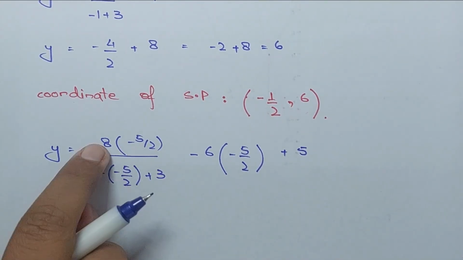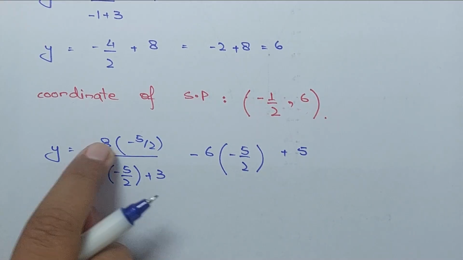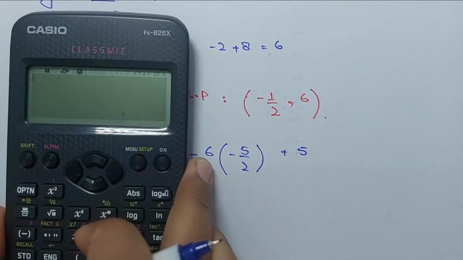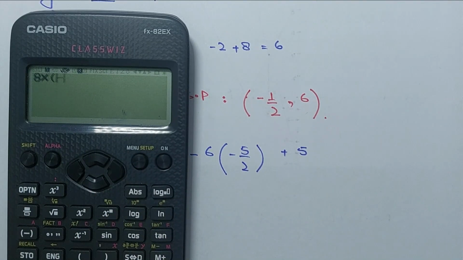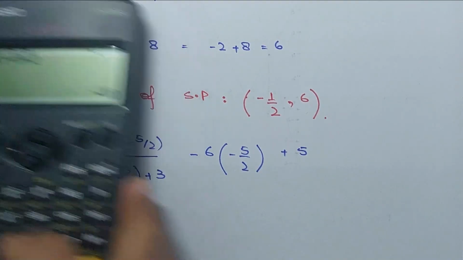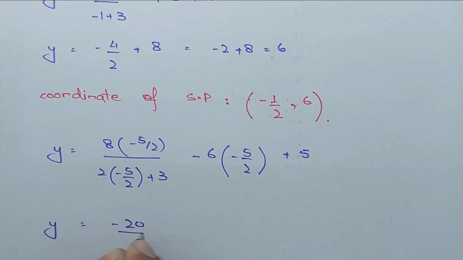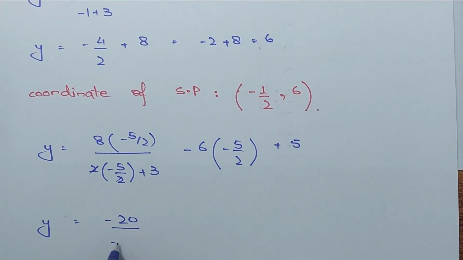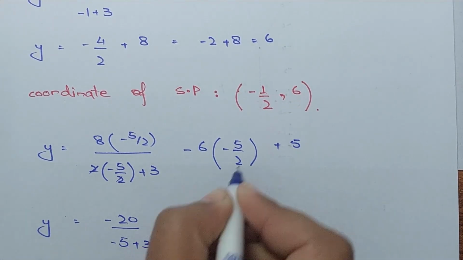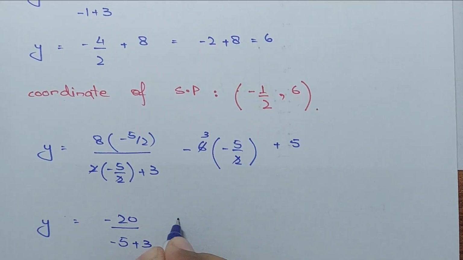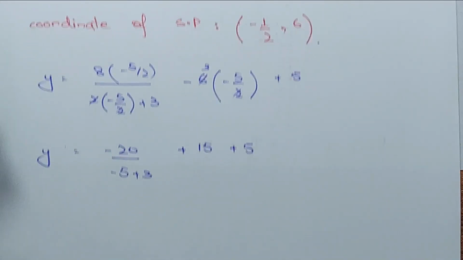Now here 2 times 1 is 2, 2 times 4 is 8, and 4 times minus 5. 8 times minus 5 over 2, negative 20. Y is equals to minus 20. Divides 2 is cancelled with 2, minus 5 is left plus 3. 2 times 3 is 6, minus minus plus 3 times 5 is 15 plus 5.